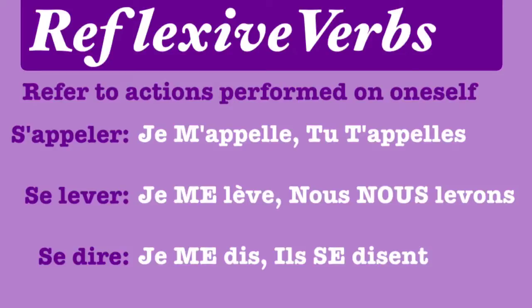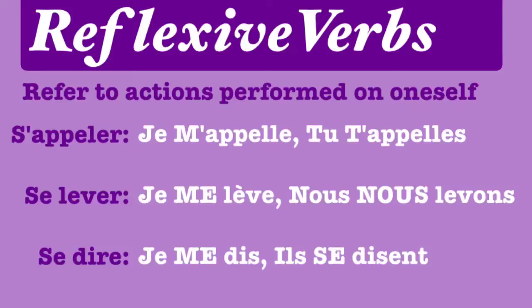So you call yourself. We have se lever, which means to get up, as in to get up in the morning, or to stand. So lever on its own means to raise or to lift something up. We have two examples here. Je me lève, I get up, where me means myself. And we have nous nous levons, we get up, where the second nous there means ourselves.